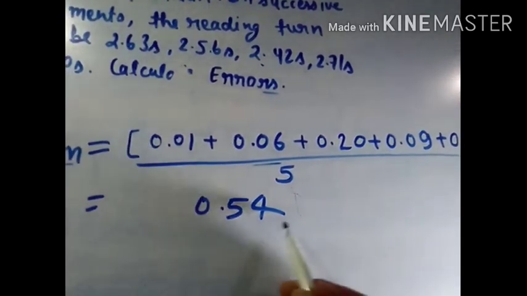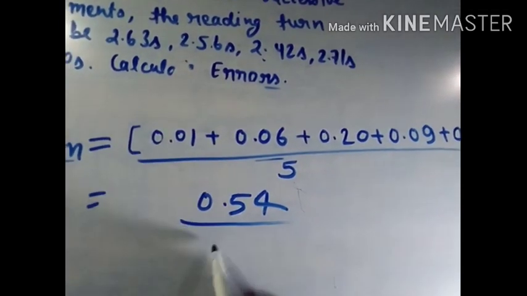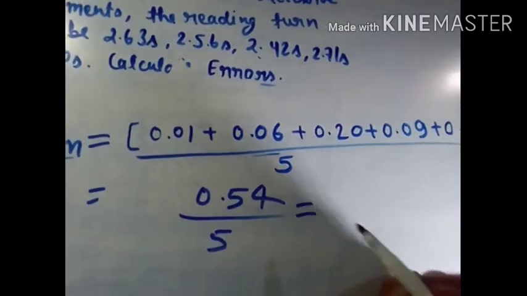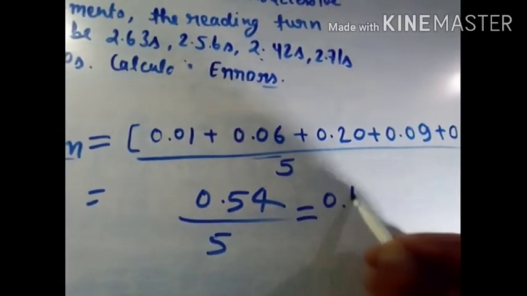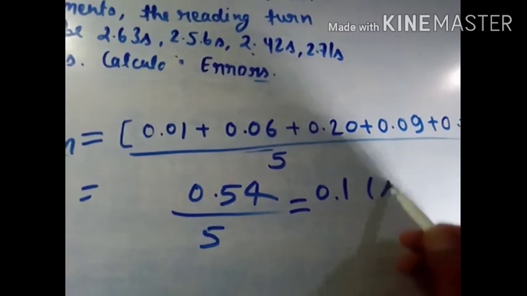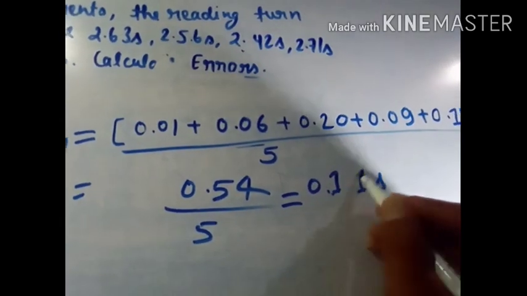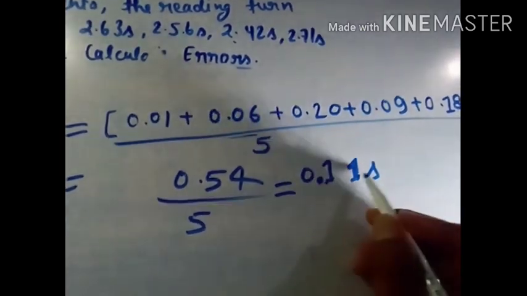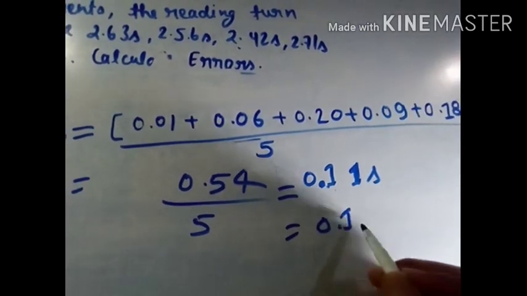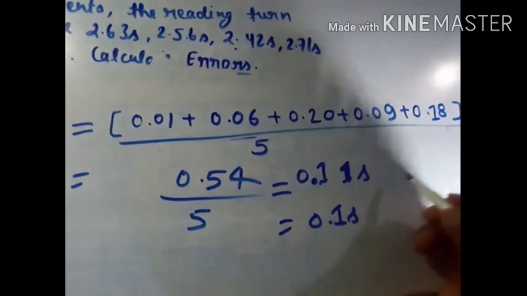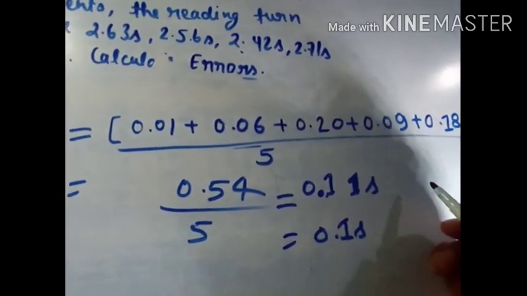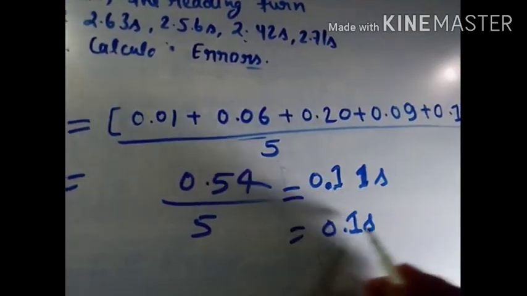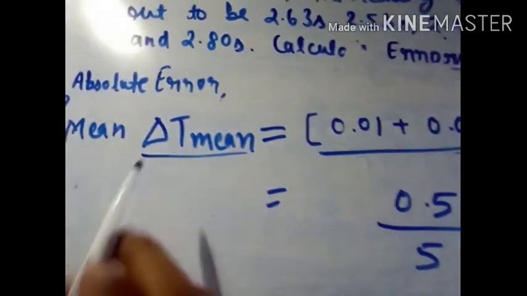Understand? Divided by 5, you will get 0.108, which is about 0.1. You can choose only 0.1 second. This is the rounding off, and soon I will teach you how to round off the numbers.